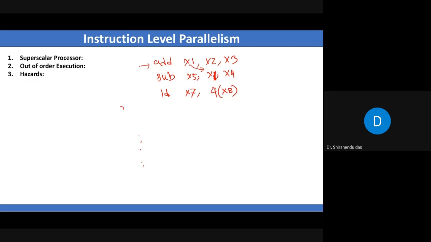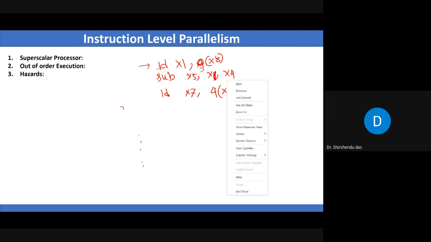In that case a stall is possible here. Let's make it ideal and add a load instruction, load x1 and 4, suppose 0x8. Now there is definitely a dependency, right? Because sub is x1 minus x4, but x1 depends on the load instruction, so there will be a stall here.